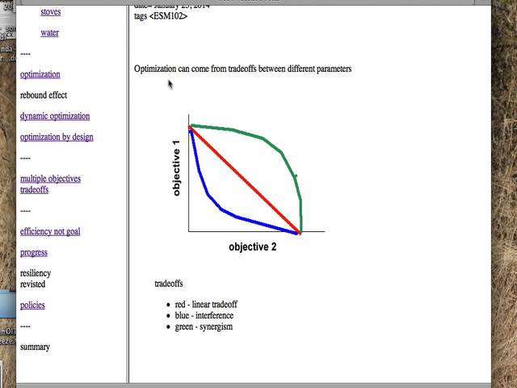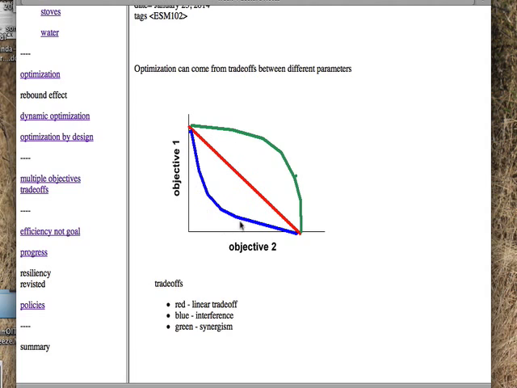And then finally, the one we really need to worry about is interference, where any progress we make toward meeting objective 2 has serious costs. Again, in ESM 101, we were talking about natural systems. You can have a lot of people and no cougars, or you can have a lot of cougars and no people, but mixing cougars and people is bad for both. They don't get along very well.